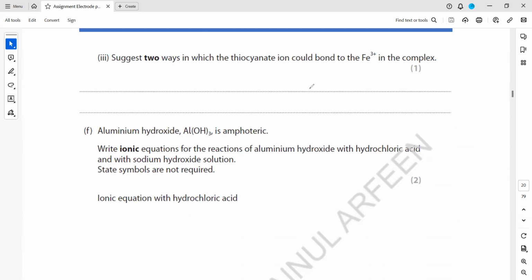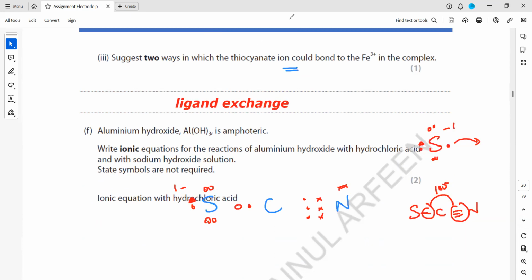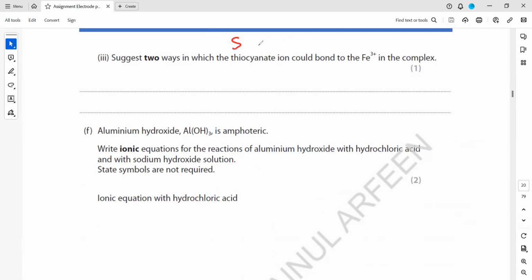Because if you see the structure we drew, the structure was sulfur, carbon, and nitrogen. So there's a lone pair on nitrogen and there are lone pairs on sulfur.